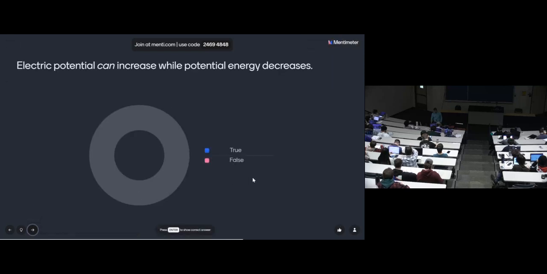Electric potential can increase while potential energy decreases. True or false? Andrew. We're assuming the field is the one generated externally of the charge that's present inside of the field, yes. So it doesn't change.